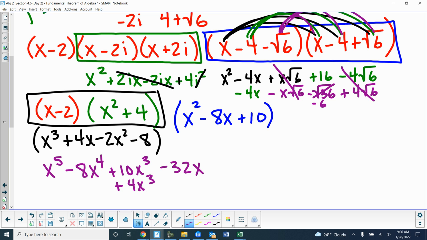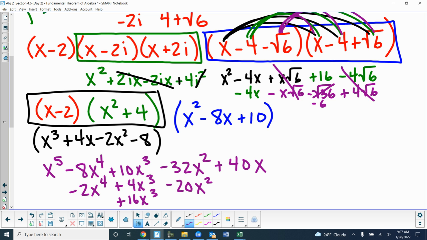And 4x times 10 is 40x. Then we go negative 2x squared times x squared is negative 2x to the fourth. So that's going to go with this one. And negative 2x squared times negative 8x is a positive 16x cubed. And negative 2x squared times 10 is negative 20x squared.